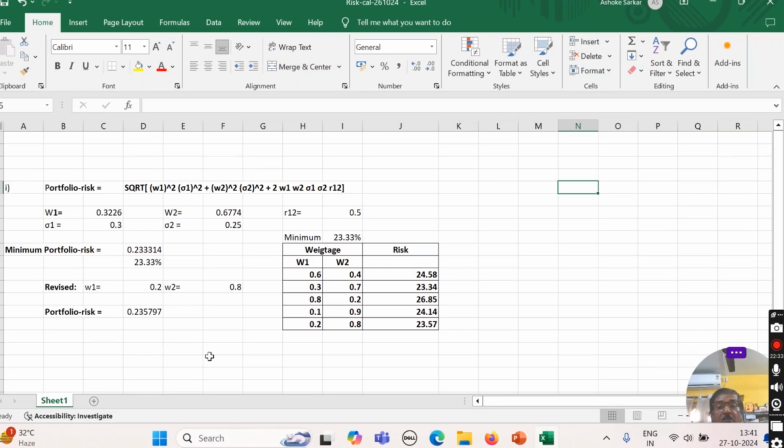Even if it is incorporated, you can check all the values, -1, 0, +1, 0.75, 0.85, whatever, 0.65 of the correlation value. But that is the minimum if you calculate through that formula. That is the beauty of this process.